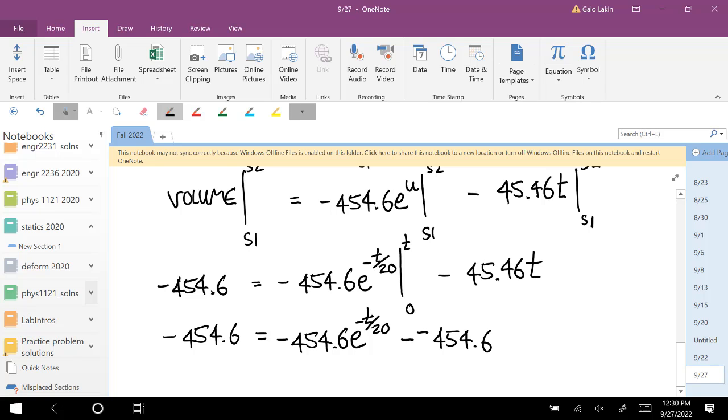So that's e to the 0, which is just 1. Minus 45.46 t.